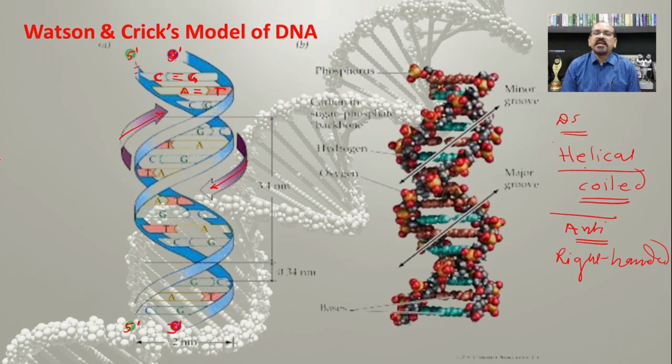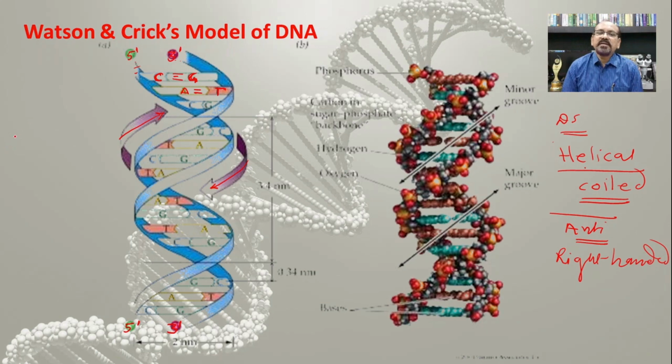Means if there is cytosine on one strand, then guanine will be present on the opposite strand, or if thymine is present on the first strand, then adenine will be present on the second strand, and in this way there will be the formation of hydrogen bonding in between the complementary nitrogen bases.